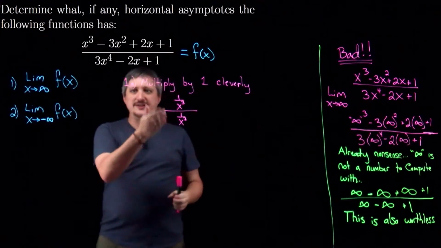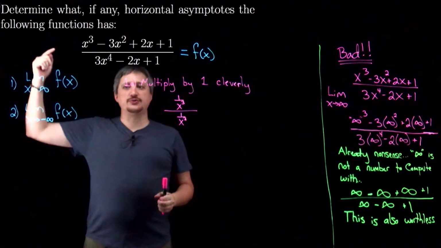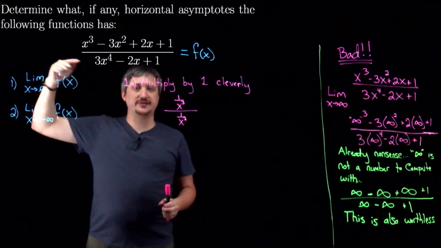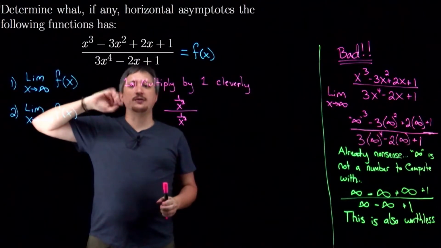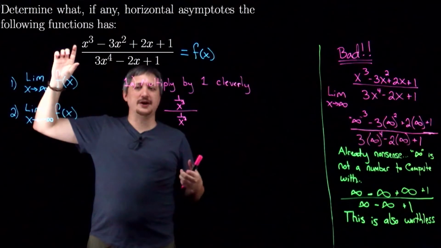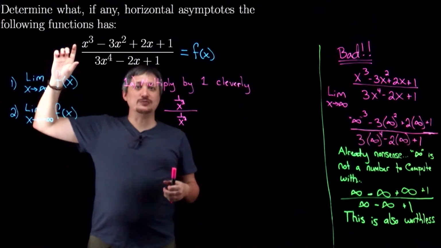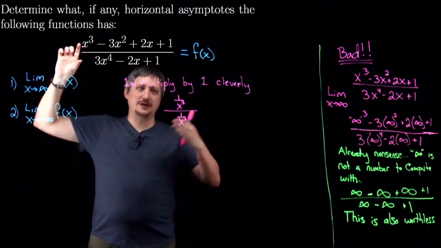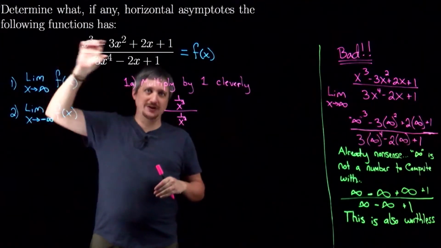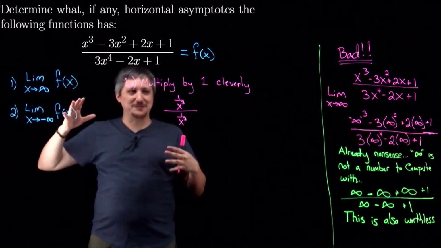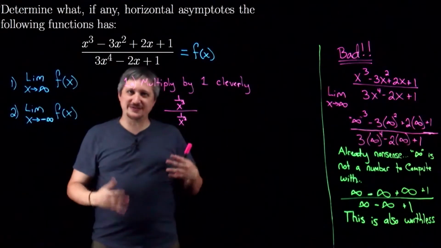Now, where did I get this? I got this by looking at the degree of the top polynomial and the degree of the bottom polynomial. This is hard to describe in words and easier to show.